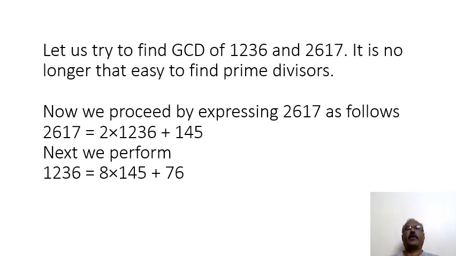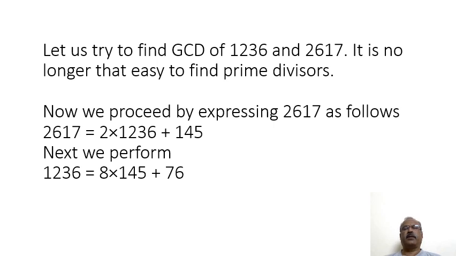Let us try to find GCD of 1236 and 2617. It is no longer that easy to find prime divisors of these numbers. Now we proceed by expressing 2617 as follows. 2617 is equal to 2 times 1236 plus 145.